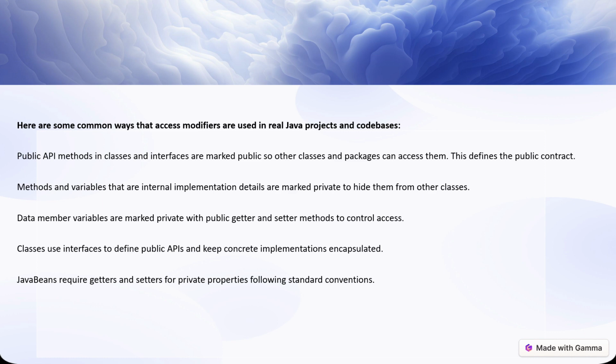Until and unless it is required, you will not make it private. Private means only that particular class can use it. And data members, setters and getters, generally will be private. Other data members generally will be private unless you use them globally, right? These are the best practices.